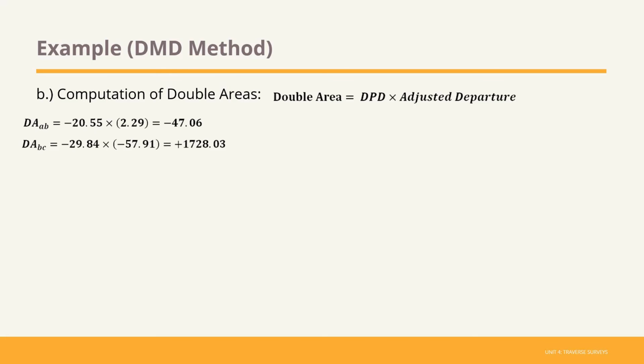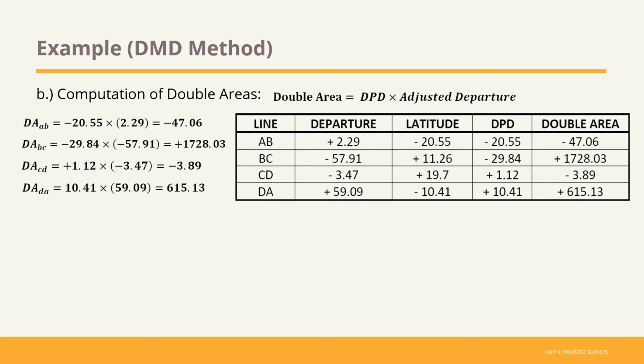So the double area at line BC is equal to positive 1728.03, the double area at CD is equal to negative 3.89, and the double area at line DA is equal to 615.13. Now in tabular form, here's what it looks like.